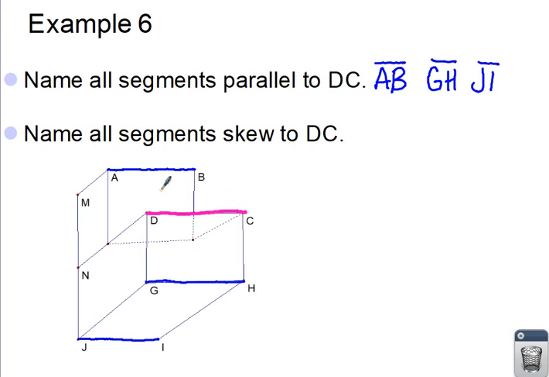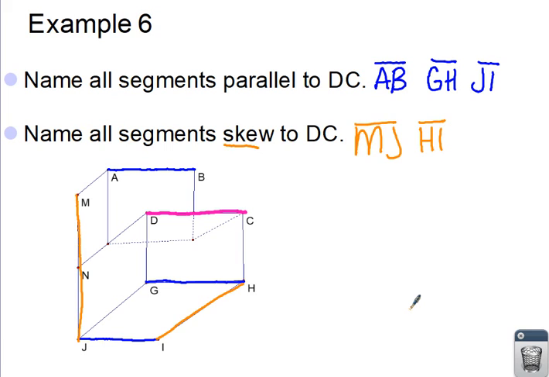Okay? Now, if we had segments that are skew to DC, I'll put them in orange, then that means they cannot be parallel. So it can't be one that we've already named. And they cannot intersect. So like DG doesn't work. But MJ does. Because MJ has no chance of ever intersecting DC because DC is going to go out here somewhere. And it's not parallel. Another one would be HI.